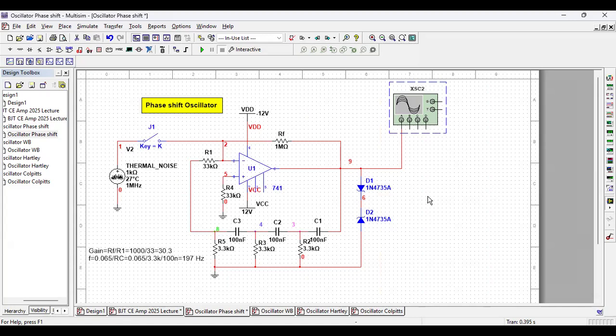Sinusoidal output. In practice, when you do all these things in your laboratories or in your industries, what happens? There is an environmental electrical noise, whose technical name we call thermal noise, because of the temperature or environmental temperature in your circuit.